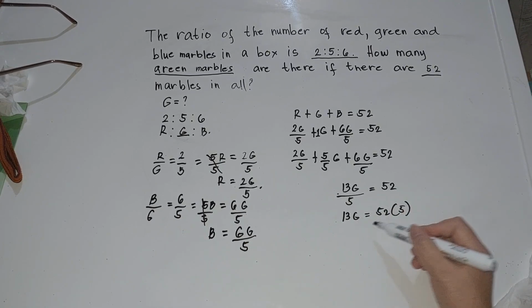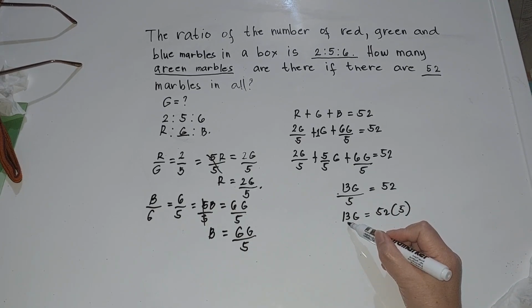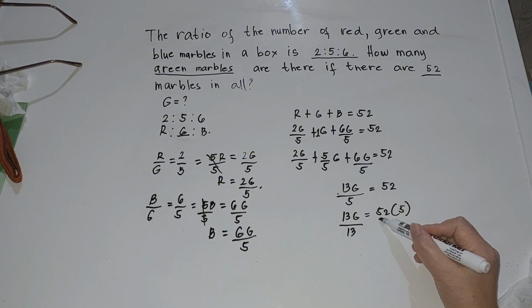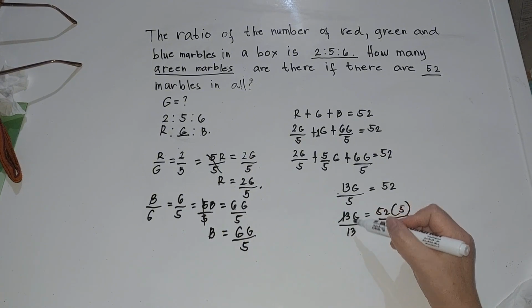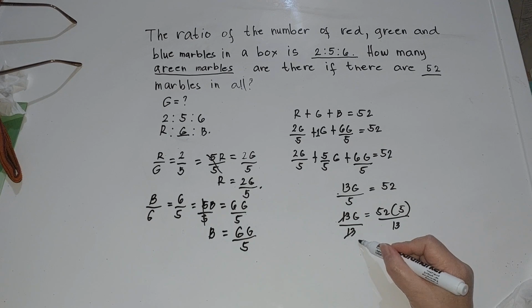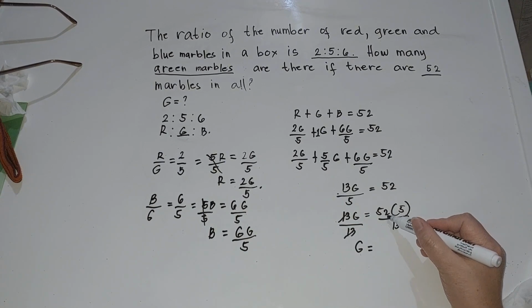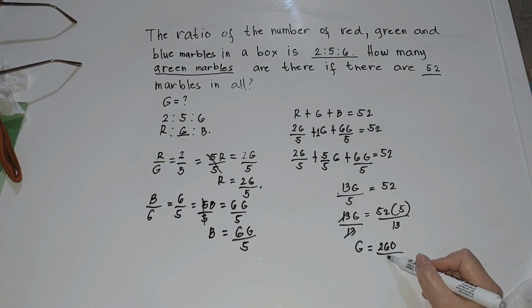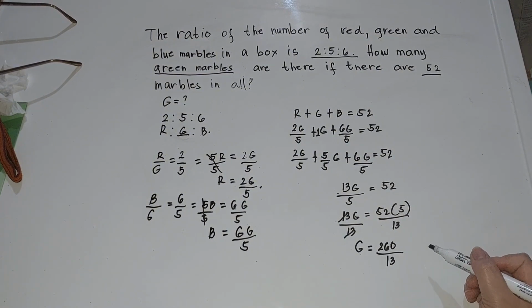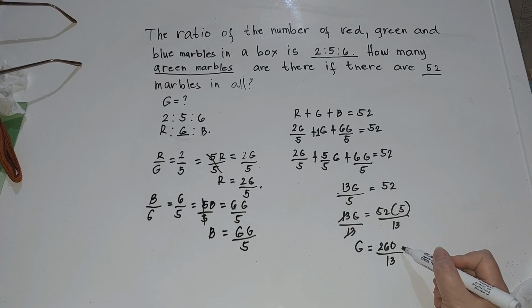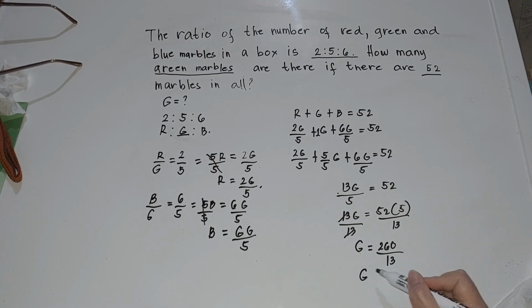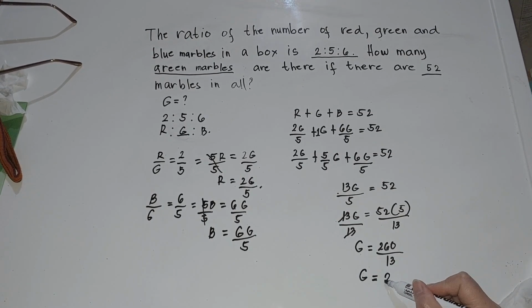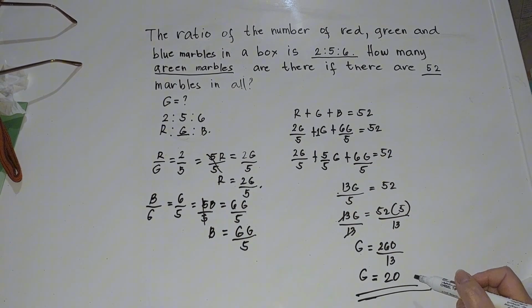We will divide both sides by 13 to cancel the numerical coefficient of G. So G now is equal to 52 times 5, which is 260, over 13. If you divide this, 260 over 13 equals 20. Therefore, there are 20 green marbles in the box.